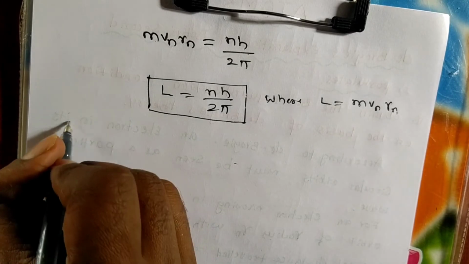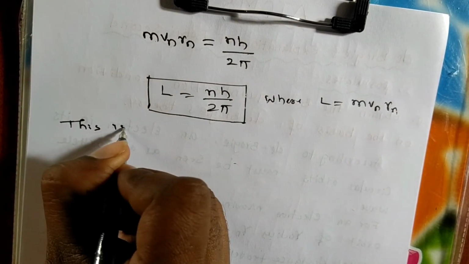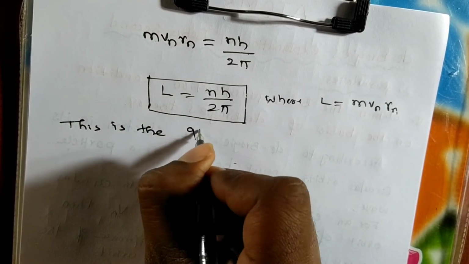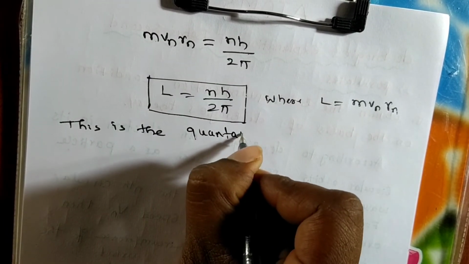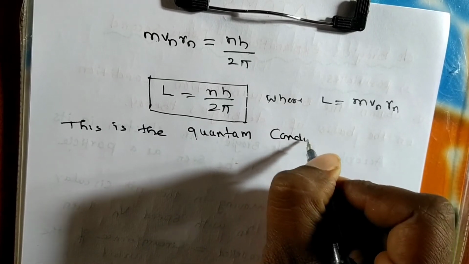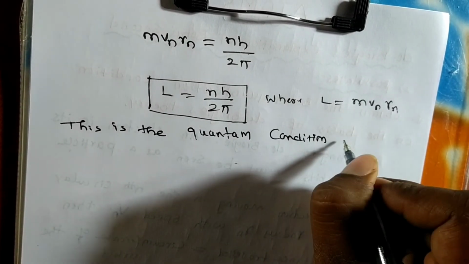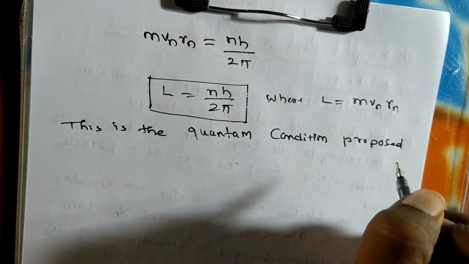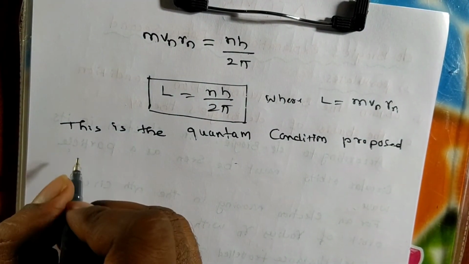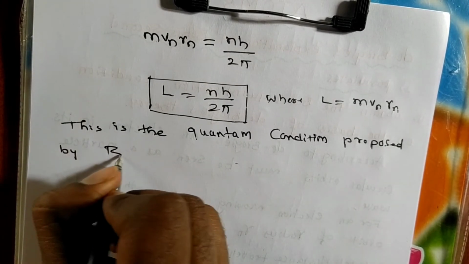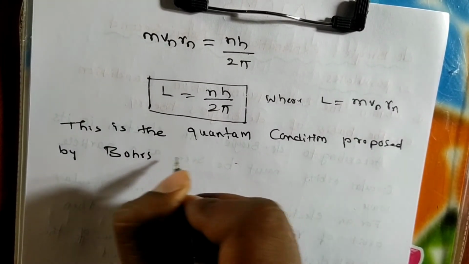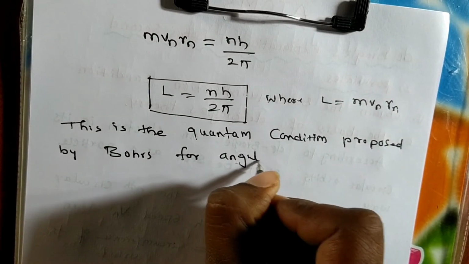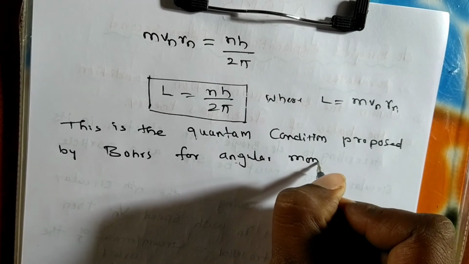This is the quantum condition proposed by Bohr for the angular momentum of an electron.